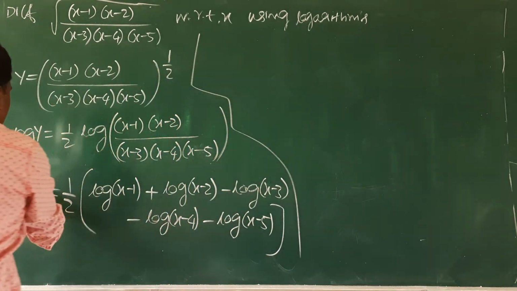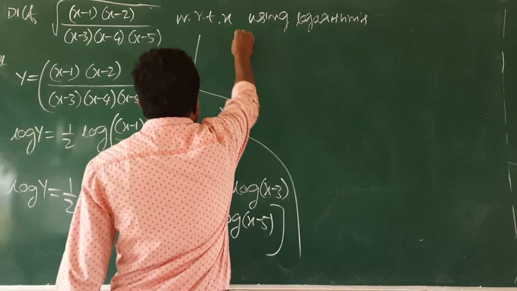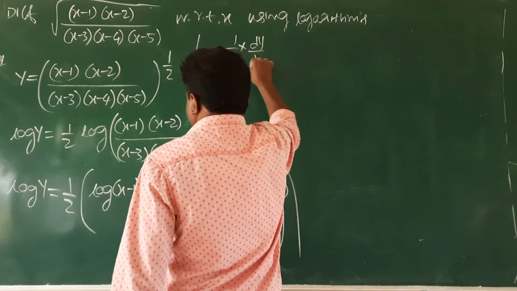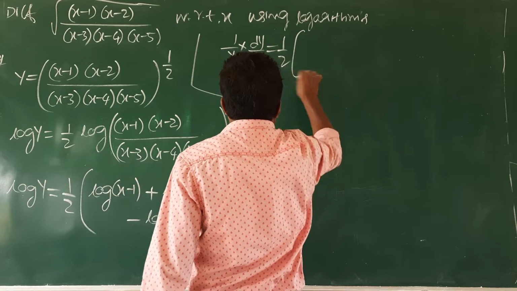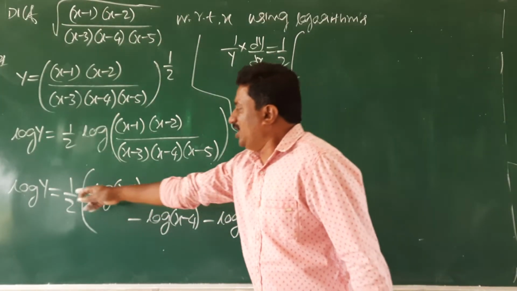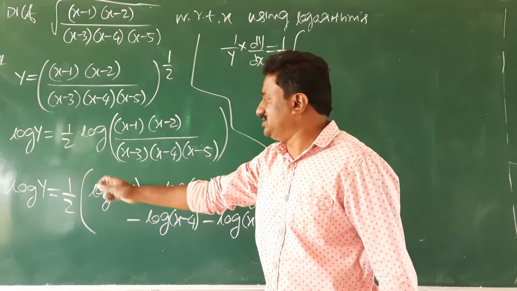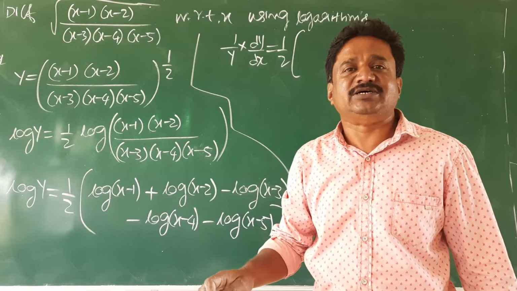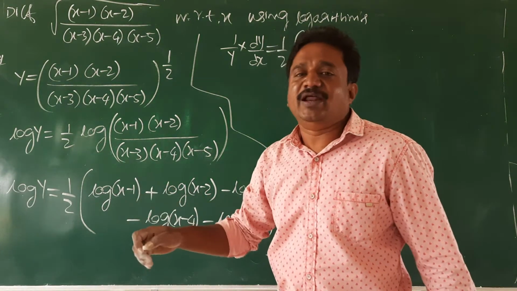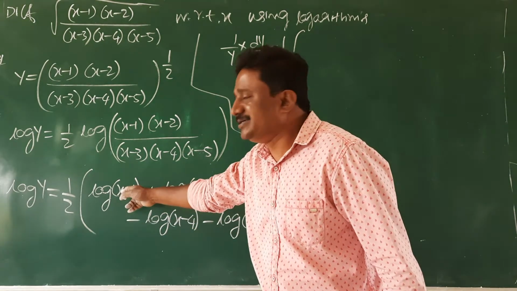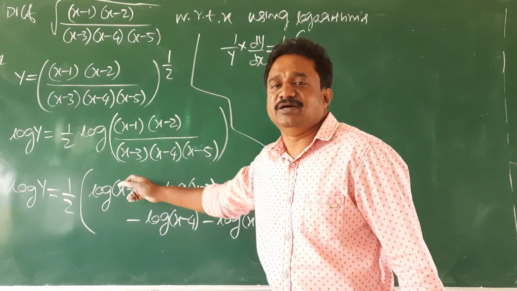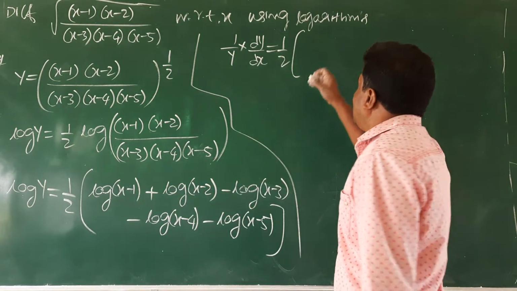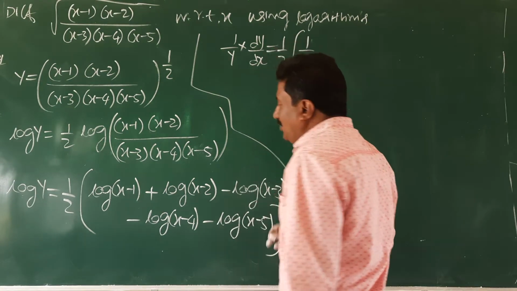So differentiation of log y is 1 by y, and differentiation of y is dy by dx. Constant into function, keep the constant as it is. Differentiation of log x is 1 by x if we have x, but here we have x minus 1, so I should write 1 by x minus 1.